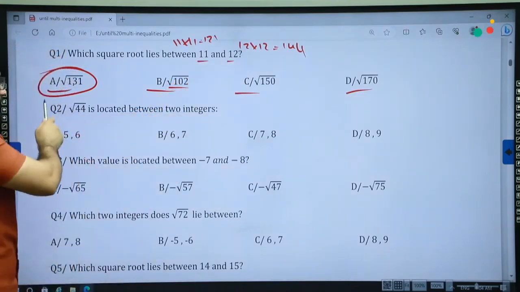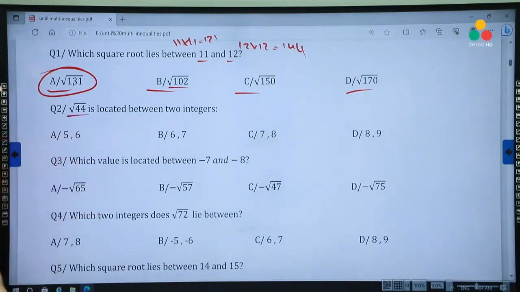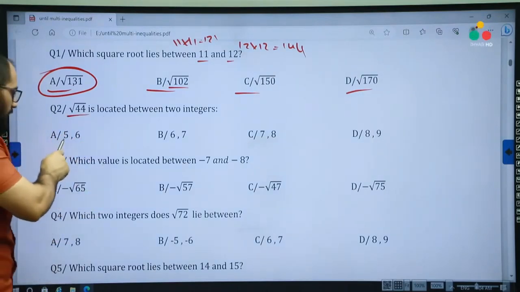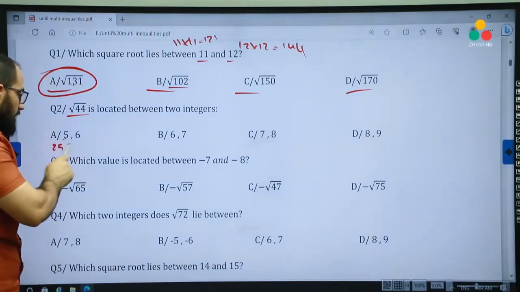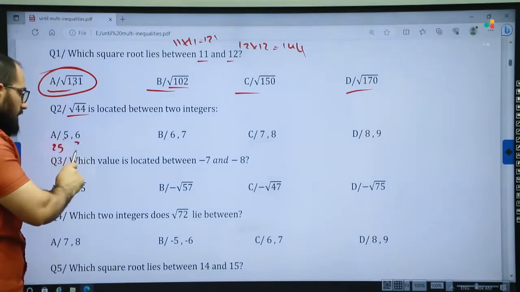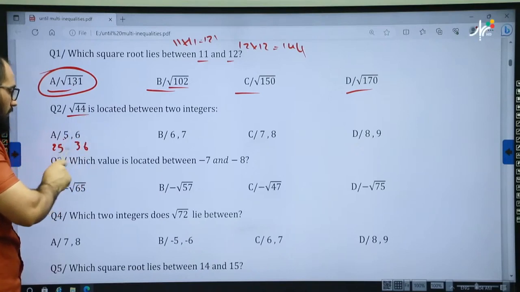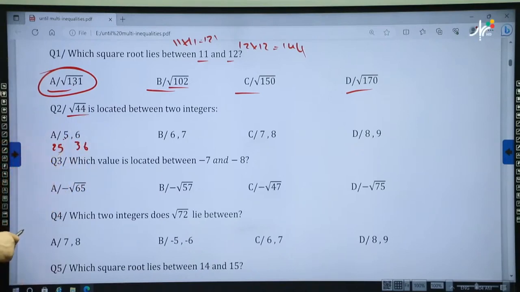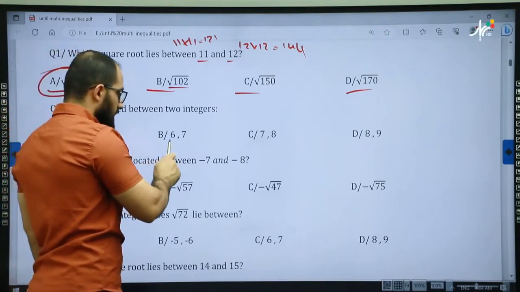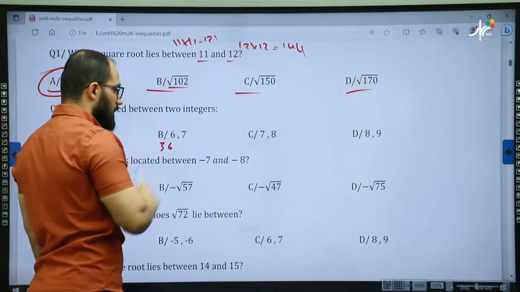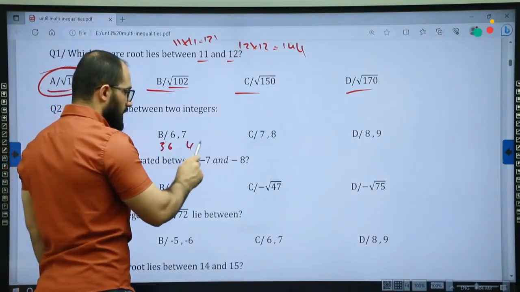Again, question 2. 44 is located between two integers. So we have 5 times 5 is 25, 6 times 6 is 36. So 44 is not located between 25 and 36. Then we have 6 times 6 is 36, 7 times 7 is 49.